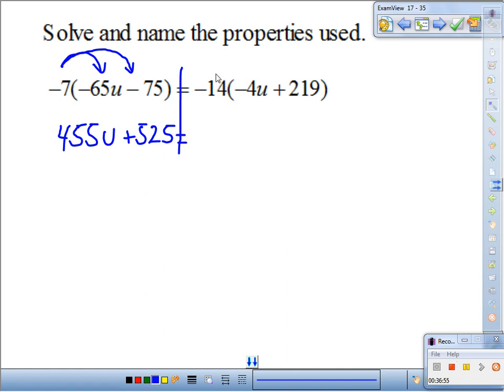Equals, let's distribute on this side. -14 times -4, that gives me, what is it? 56u. -14 times positive 219, that's negative. Let's see, 219 times 14.